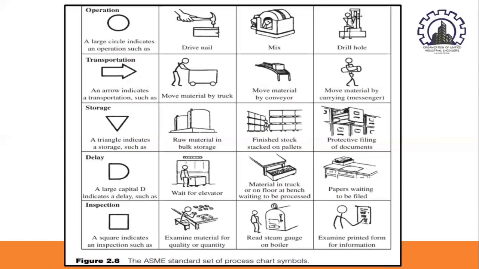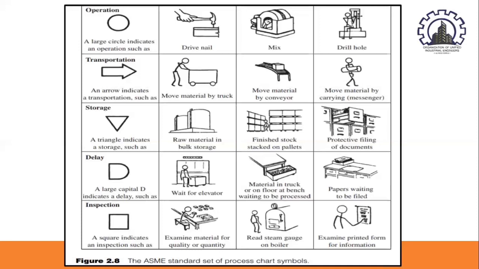For storage, we have raw material in bulk storage, finished stock stacked on pallets, and protective filing of documents. For delay, we have waiting for the elevator, material in truck or on floor at bench waiting to be processed by the operator, and papers waiting to be filed.